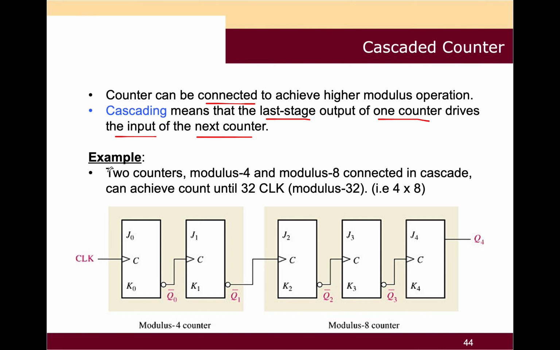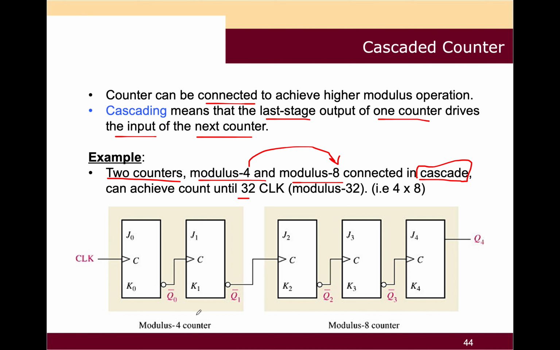Let's say you have two counters, modulus 4 and modulus 8, connected in cascade. It can count until 32 clocks. Why? Because 4 times 8, you get modulus 32.